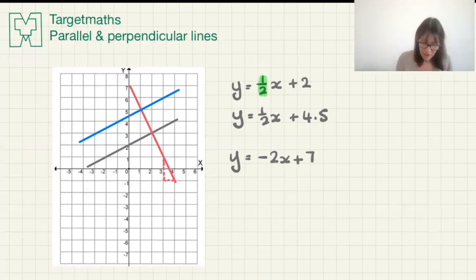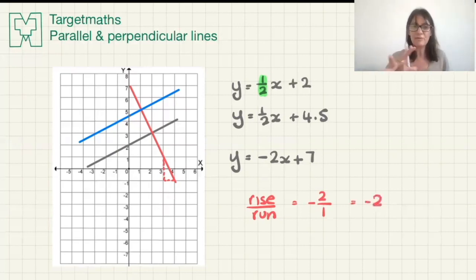So I've gone back one, my gradient, remember it's rise over run, so my gradient has gone back 1, now that's the run, so I've got to put that on the bottom, and it's gone up 2, which is the rise, and -2 divided by 1 is -2.